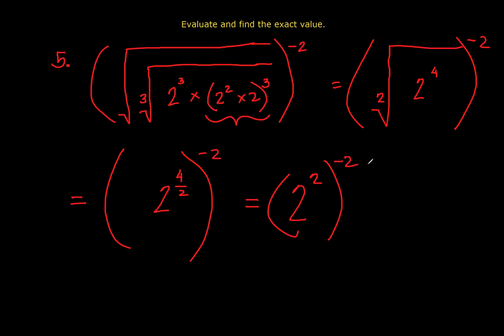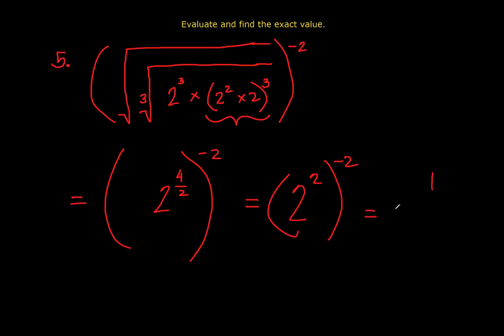Okay, now here we will use the negative exponent rule. So this one will be equal to 1 all over 2 raised to 2 raised to positive 2.